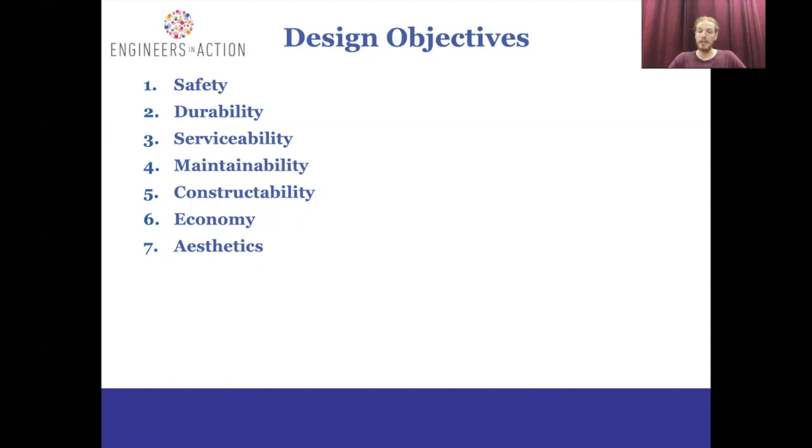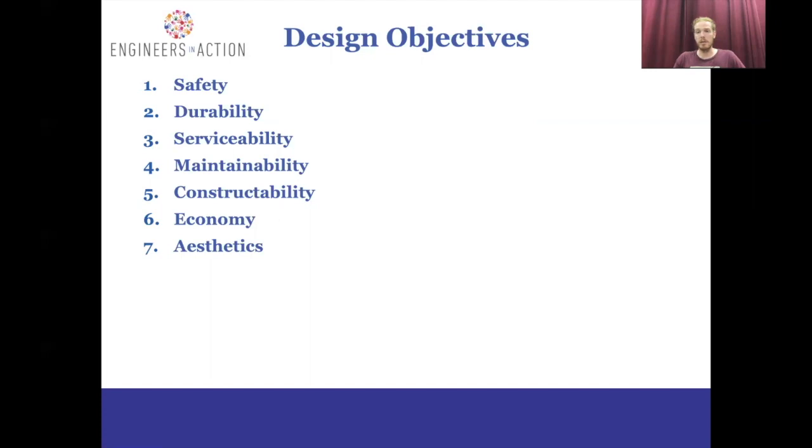Along with that is constructability. We want to make sure that what we design is easily constructible in the places where we are building these bridges, and oftentimes that means not having access to excavators or certain tools, and because of that, we need it to be easily constructible. Sixth is economic considerations.